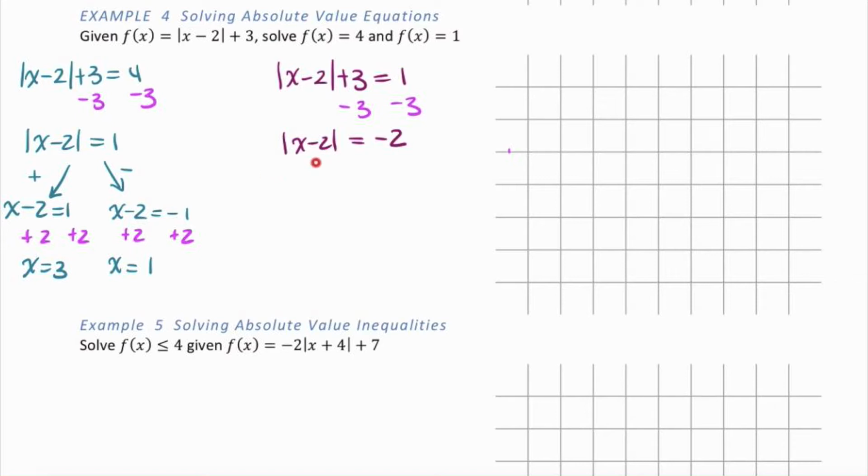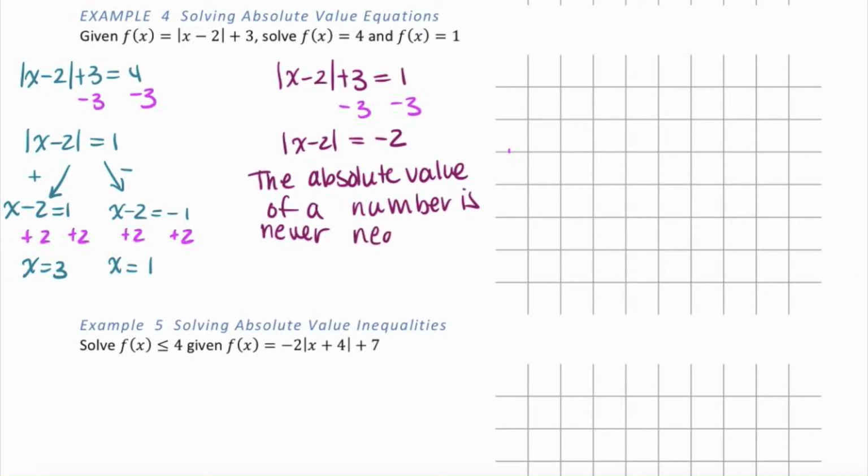Can an absolute value ever be negative? So in this example, we have no solution.